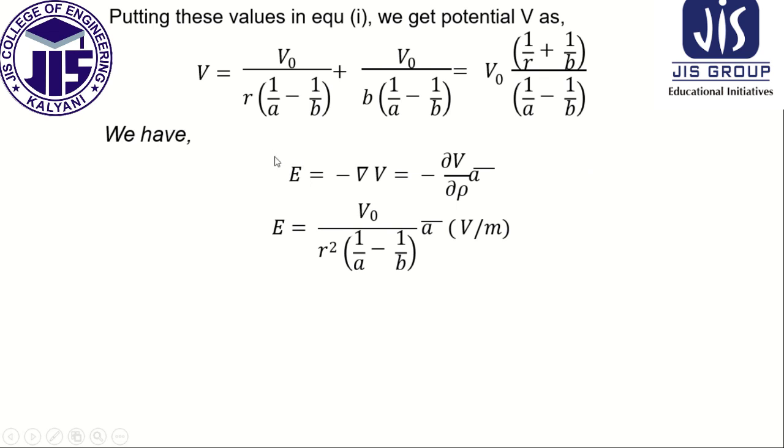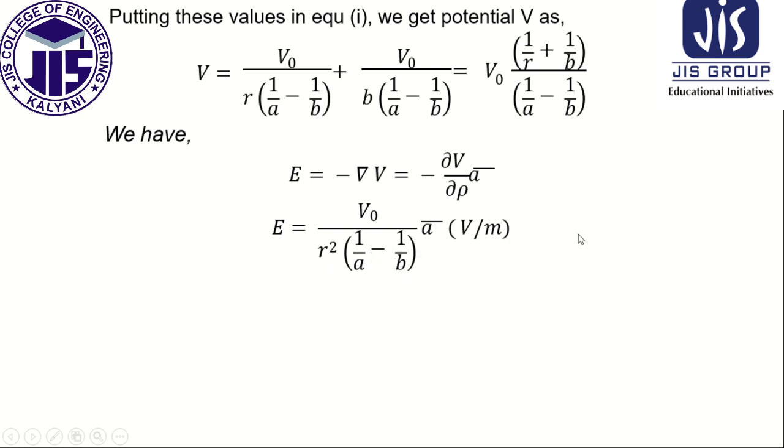Now we have to find the electric field. This is the relation between E and V: E equals minus nabla V, so minus del V by del r a_r cap. If we do this derivative, we get E equals V0 by r squared divided by (1 by a minus 1 by b) a_r cap, in volt per meter.